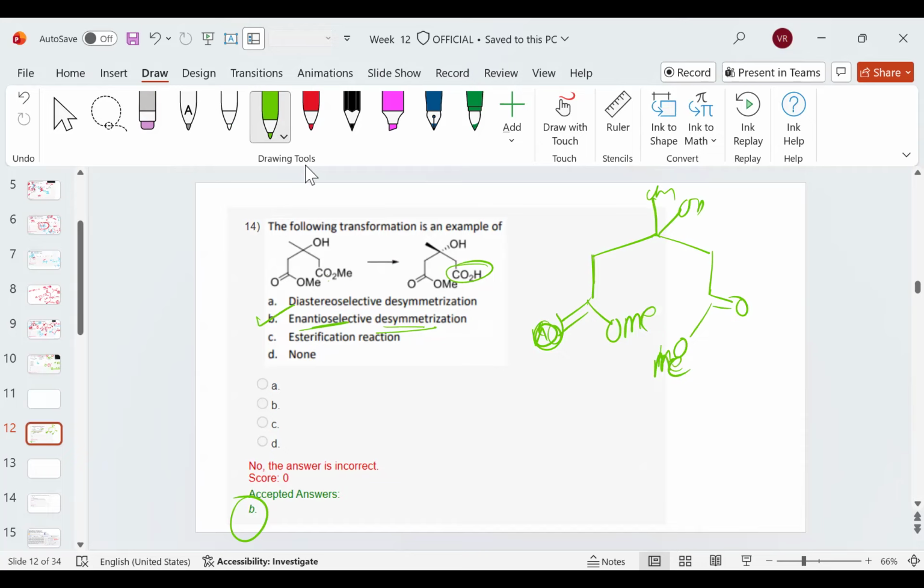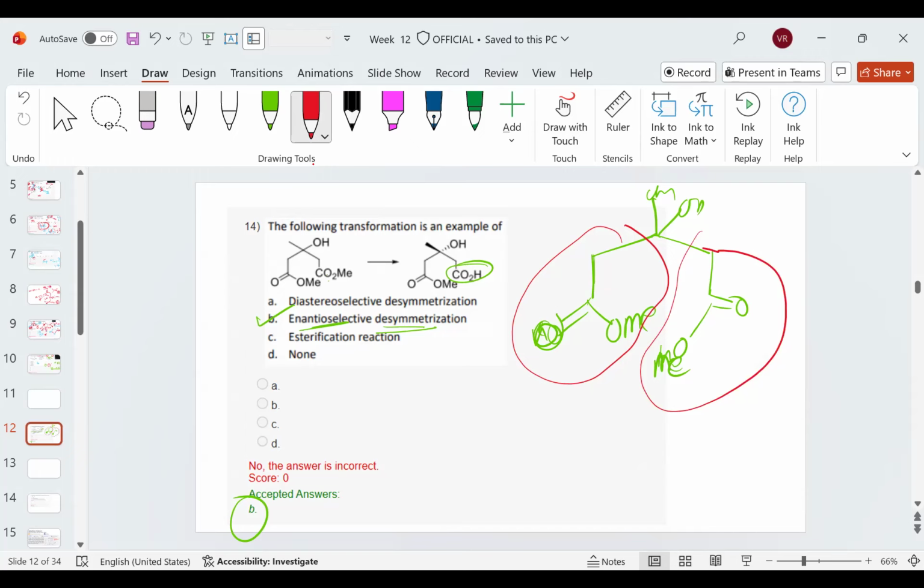Now I understand, I just got confused with this COMe. So both are similar functional groups, right? Therefore, it is selective desymmetrization. So these are some problems based on the assignment from the course.